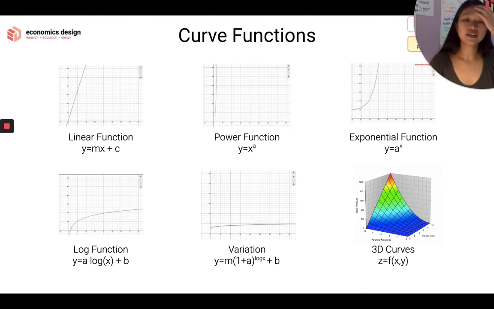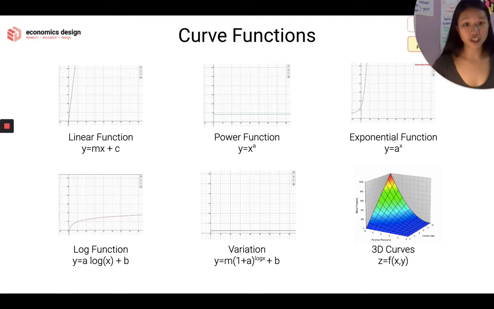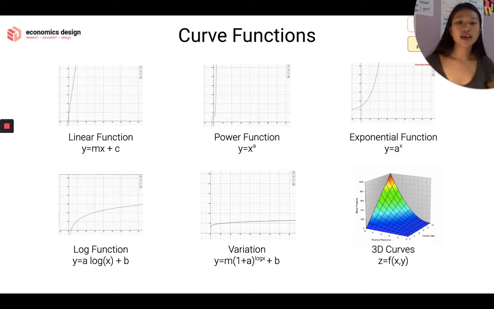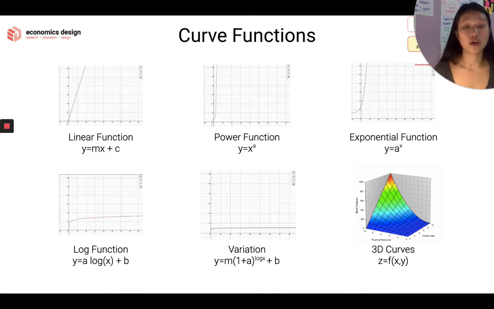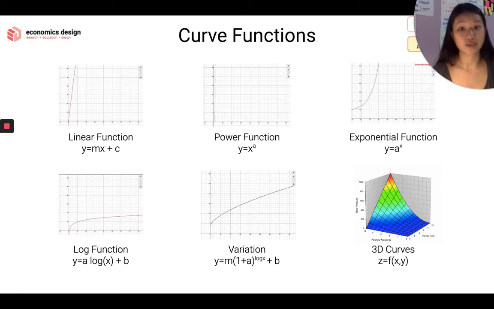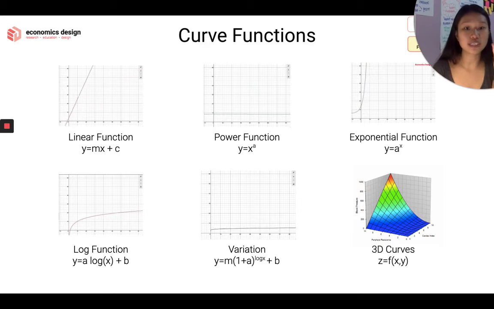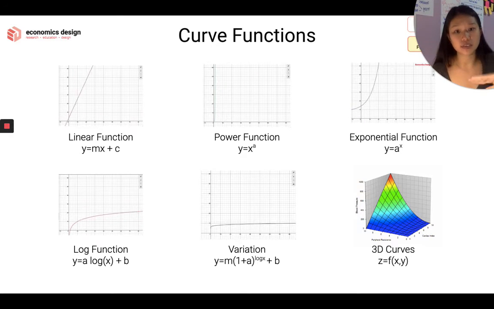The next function we're going to talk about is the power function. The power function is y equals x to the power of a, and a changes. What a changes is how steep or how curvy the curve is, and in general, once again, as supply increases, demand increases.